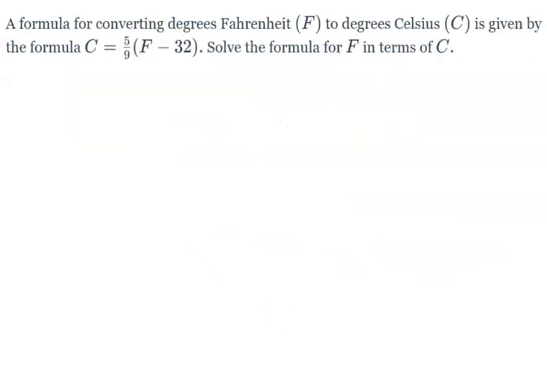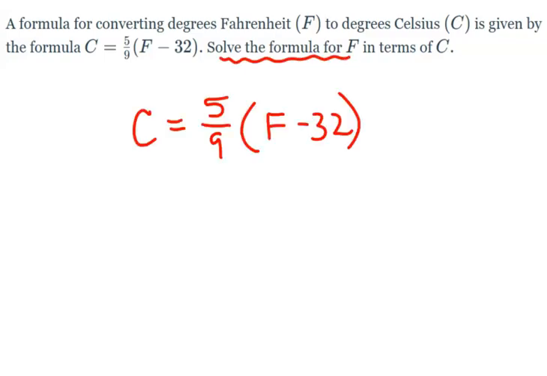Another popular formula to transform is the Celsius or Fahrenheit formula. So in this case, we want to solve for f. So in order to solve for f, I want to get rid of this distributing fraction first. So I'm going to multiply both sides by the reciprocal, 9 over 5.